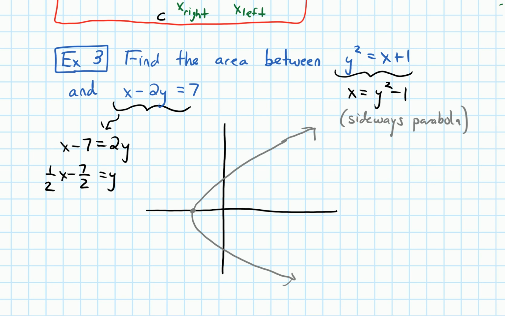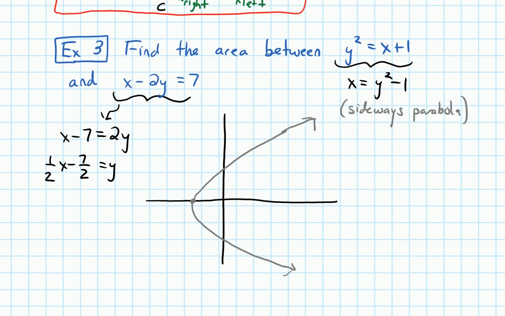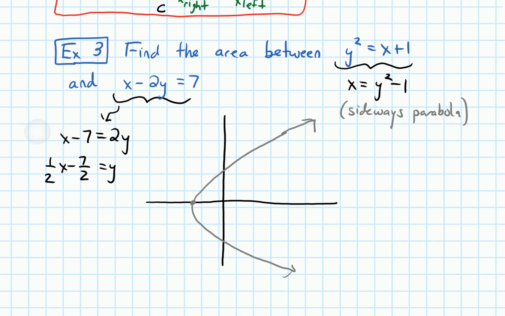Okay, so in terms of graphing that line, it's helpful to know what the intercepts of this parabola are. So from the shift, we can see that this x-intercept is at -1. The y-intercepts for the parabola we could find by setting x equal to 0. And if you were to set x equal to 0, we'd end up getting y equals plus or minus 1.